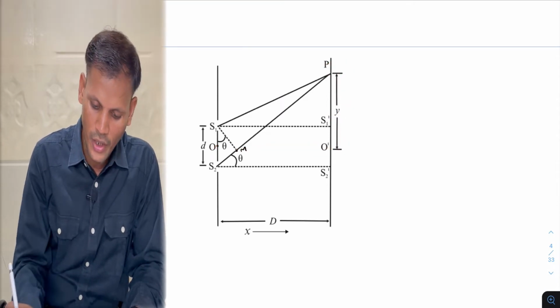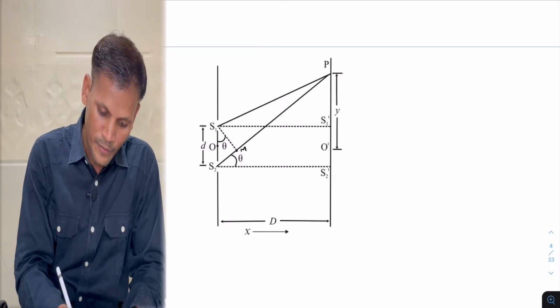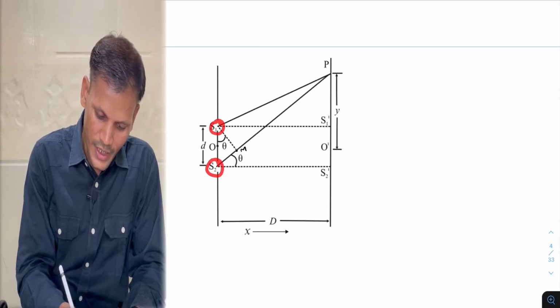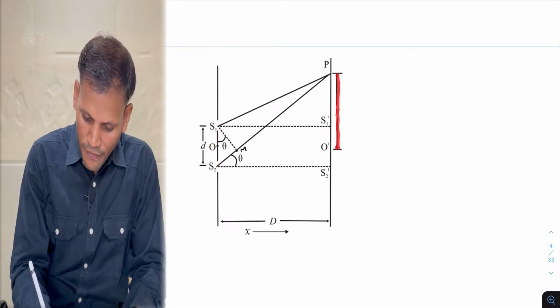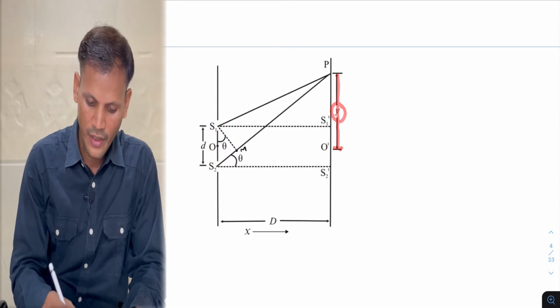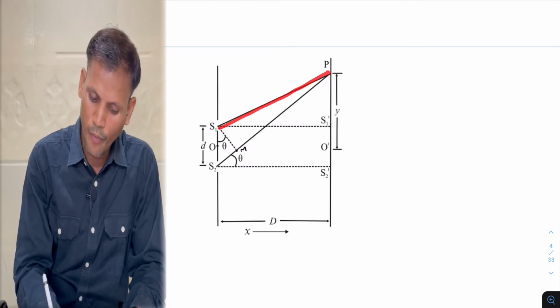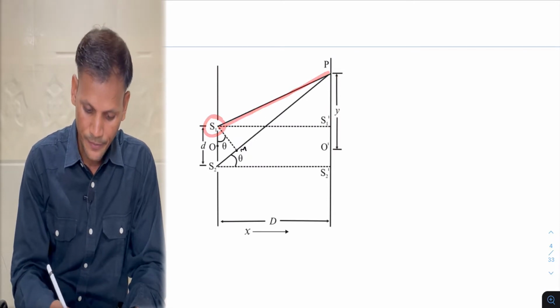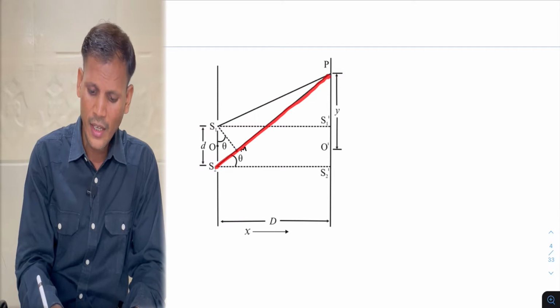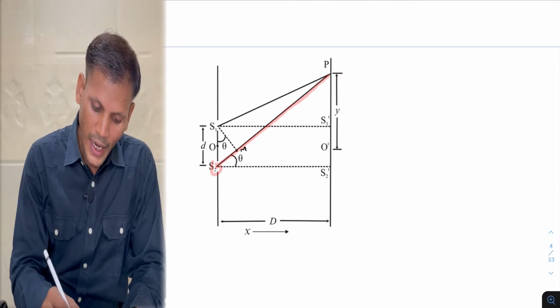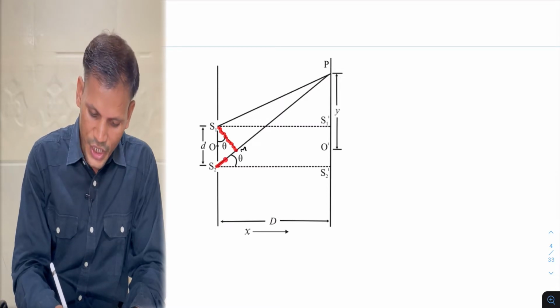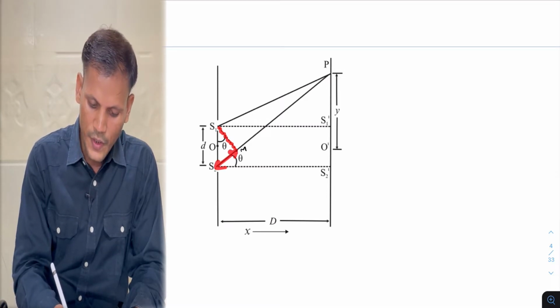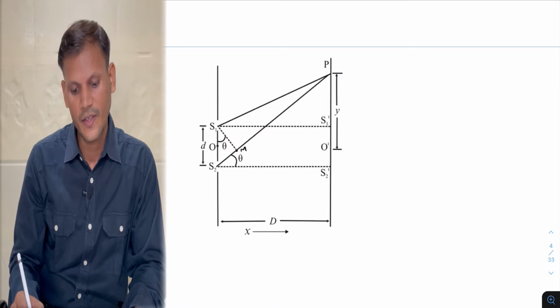So I will mention all the terms. Distance between the two slits S1 and S2 is taken as d, and y is the fringe width. S1P is the path of source S1, S2P is the path of source S2, and if we draw the perpendicular from S2, this distance S2M is called the path difference.